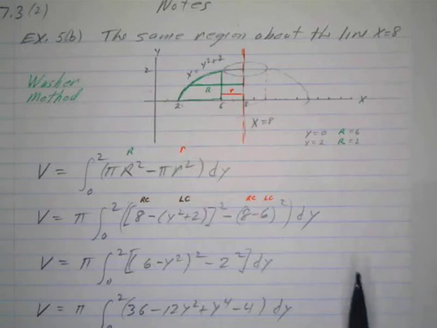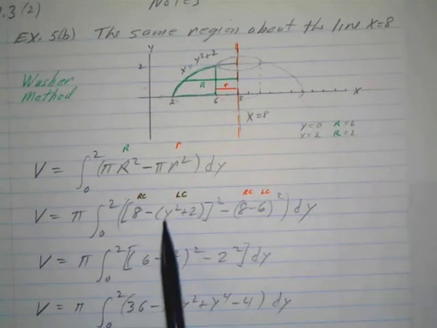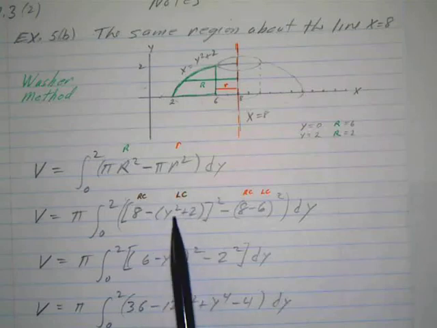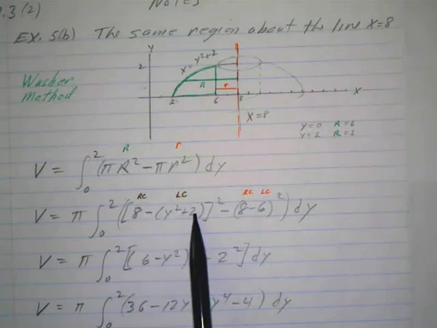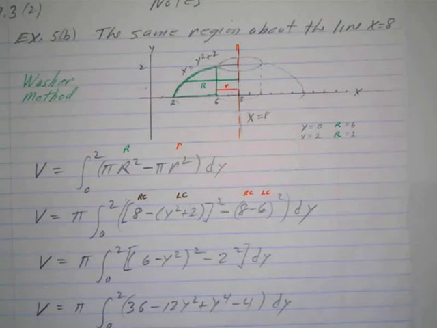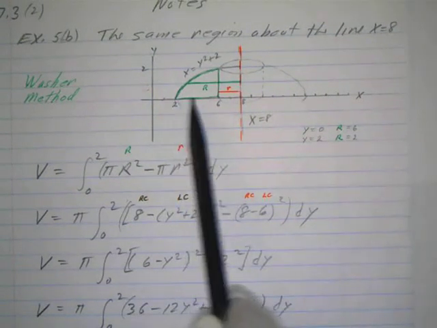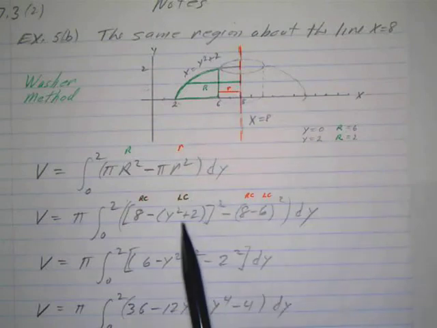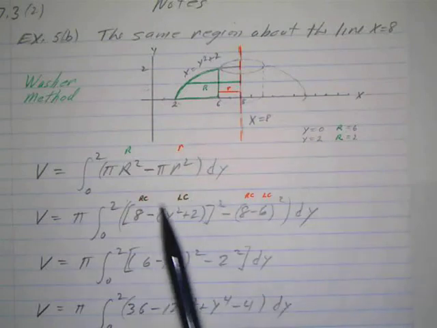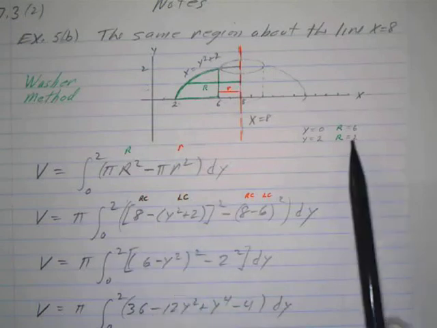Now on the big R, you can check this when y equals 0. If I put 0 in here, I get 8 minus 2, which is 6. So when y equals 0, my big radius is 6. That makes sense. And when y is 2, 2 squared is 4, 4 plus 2 is 6, so 8 minus 6 is 2, and the big radius is 2.